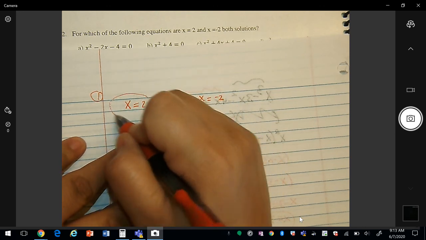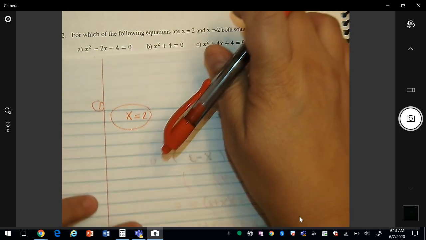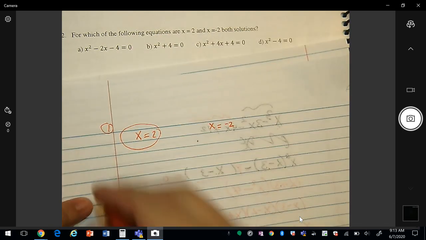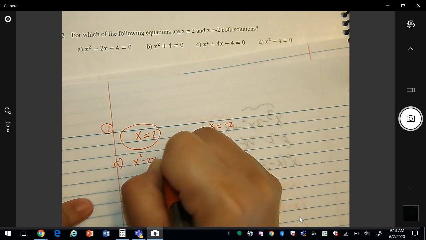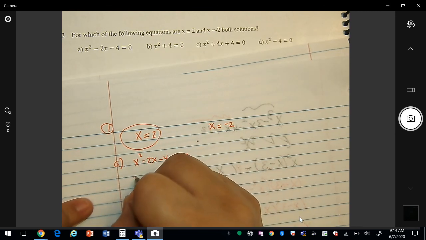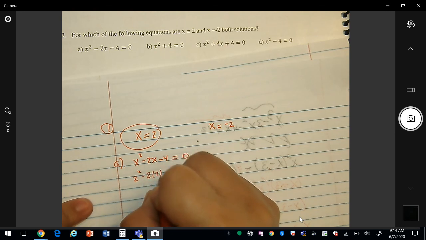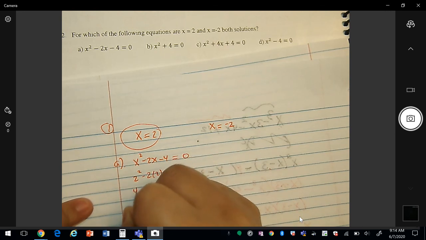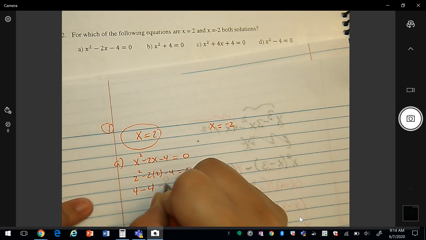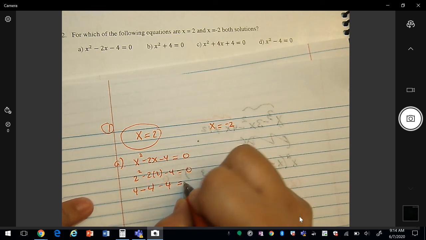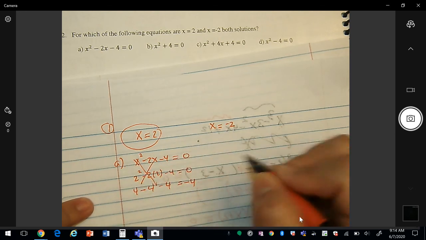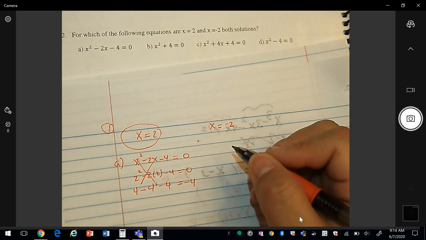Since they tell you that x is equal to 2, you can plug that number into x. And so here we get 4 minus 4 minus 4, which is going to be negative 4. So that is not a solution for that problem.